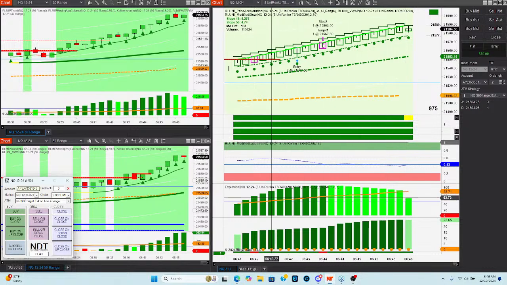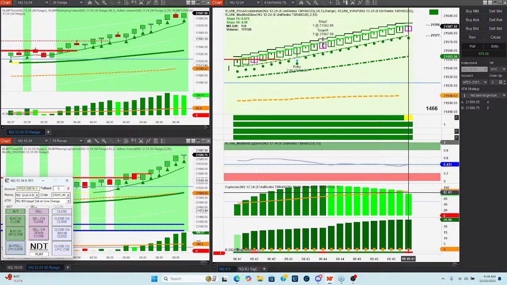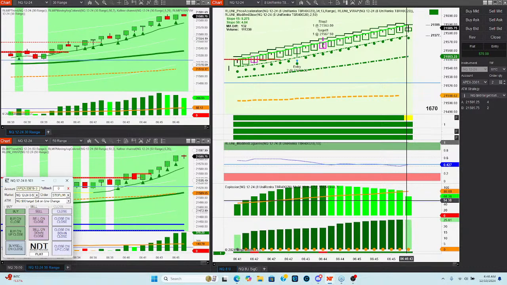See, I like getting in trades when this is still dark green. Once it starts getting into this area, you can still get into a trade, but it's starting to weaken. Once it dips below, this thing's going to start diminishing. Okay, but it could also fire back up. So you just need to be careful.